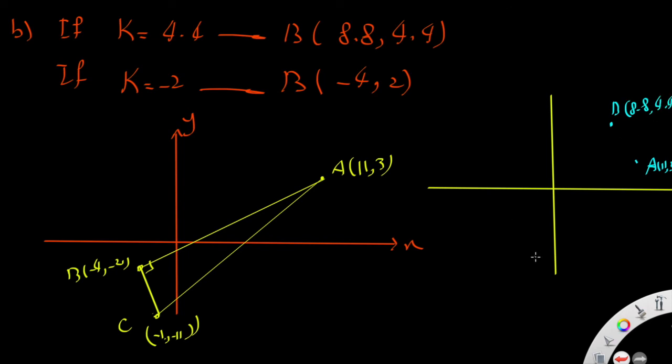And C will be here, -1, -11. Now let me erase. I put A here to make a 90. You can draw it accurately, scale your paper, and draw a completely accurate graph. Now, so here 90-degree angle, 90-degree angle, ABC, and you see in both cases ABC is a right angle triangle.